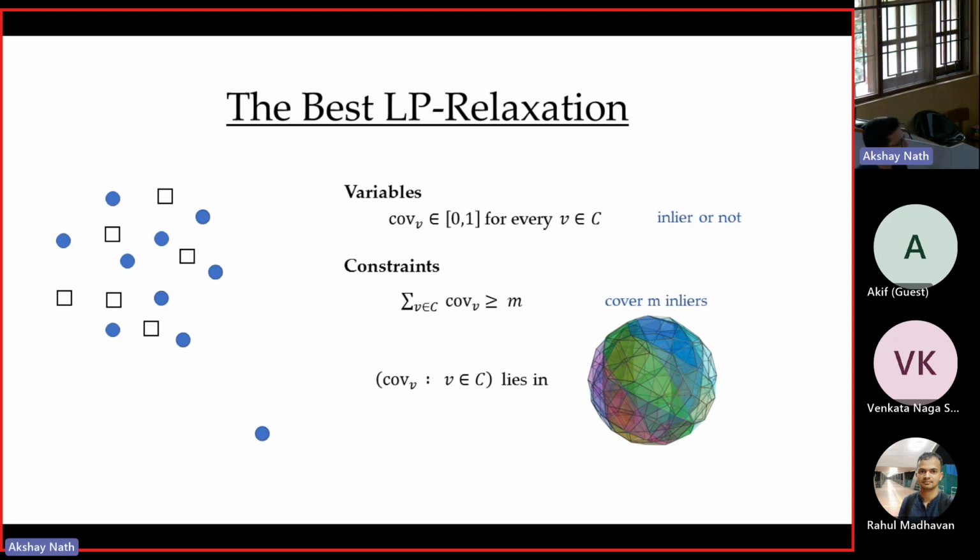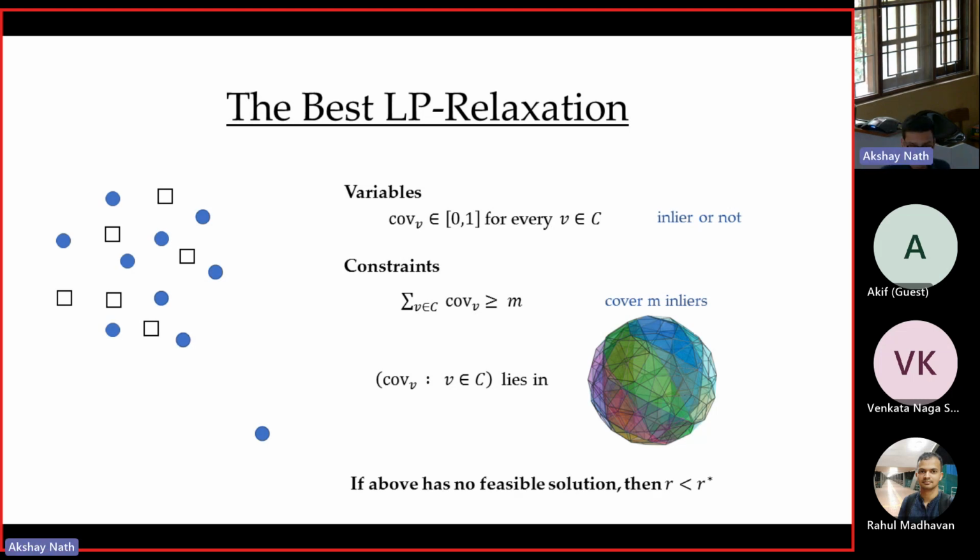Oh, okay. So sorry. So the best LP relaxation, before I go to inequality, is basically curve v's have total at least m inliers, and they arise from this projection of this polytope. I cannot solve this. It's impossible to solve this. Just a thought exercise at this point.